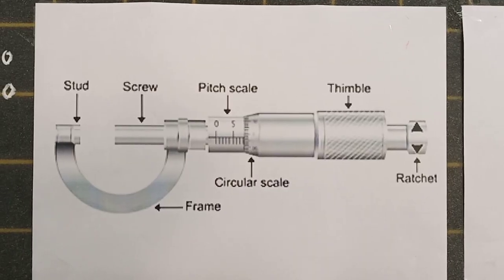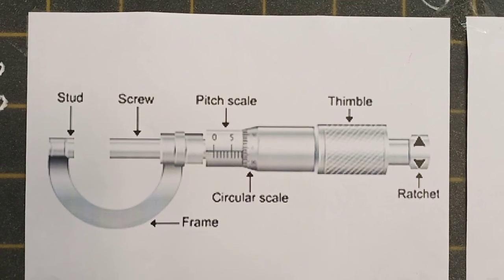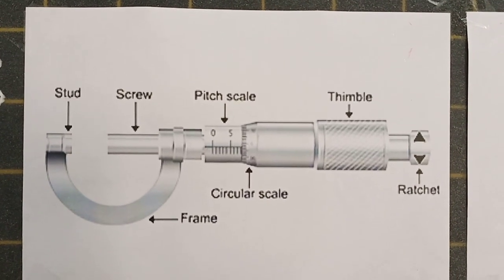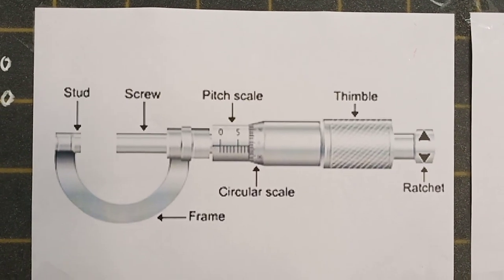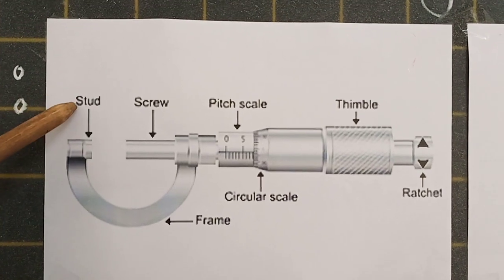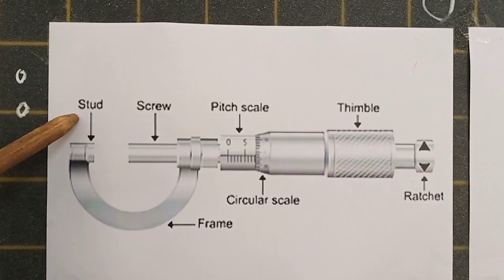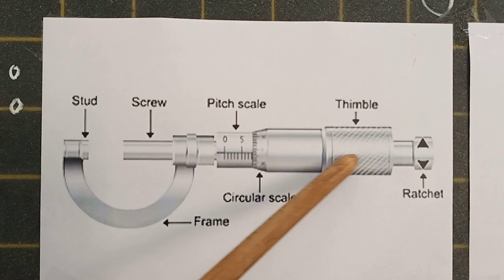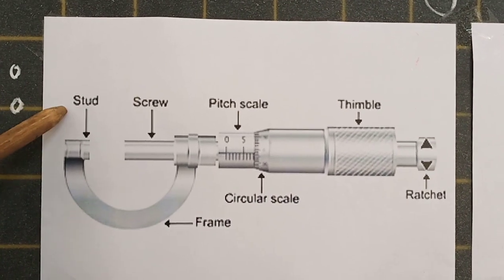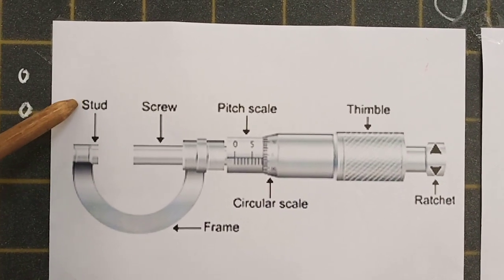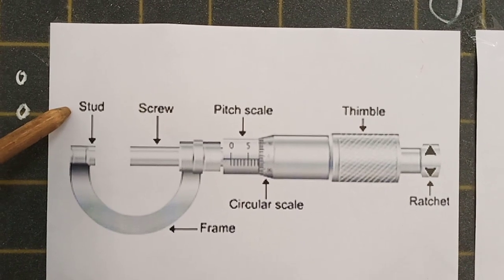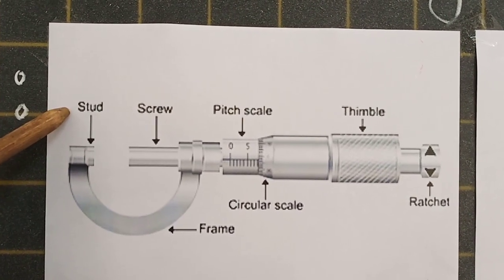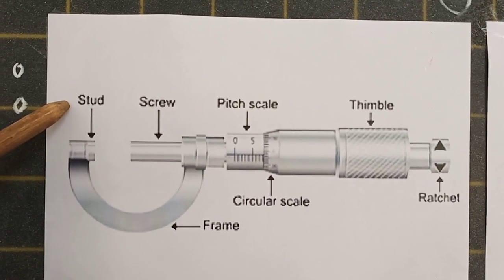Let's see. So here is the actual diagram of the screw gauge. Yes, you can see the frame here, which is in a U shape, right? And it has two ends attached to this frame, one named the stud.